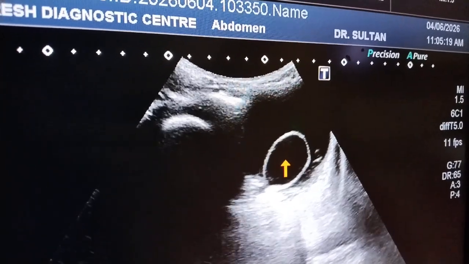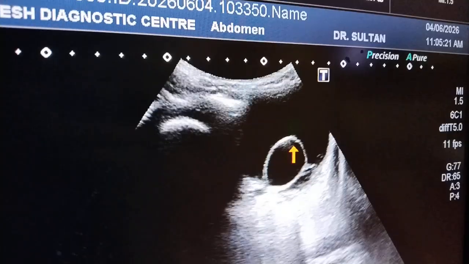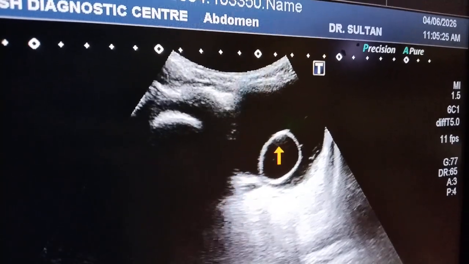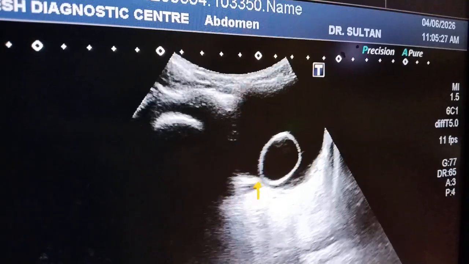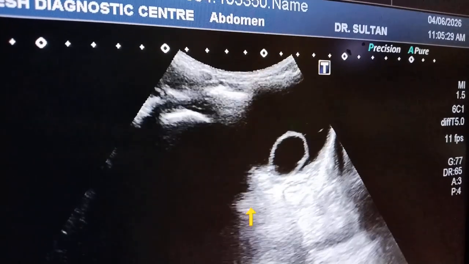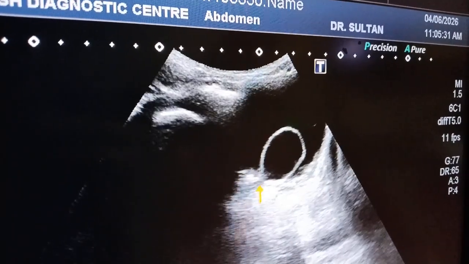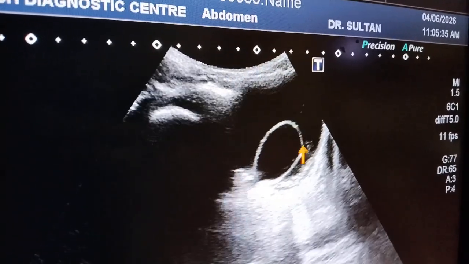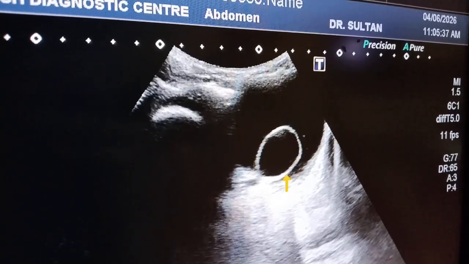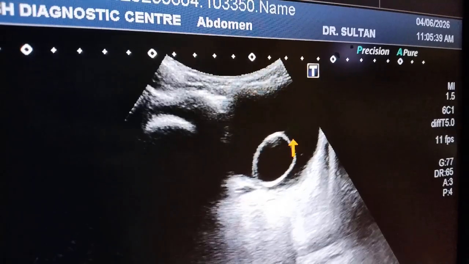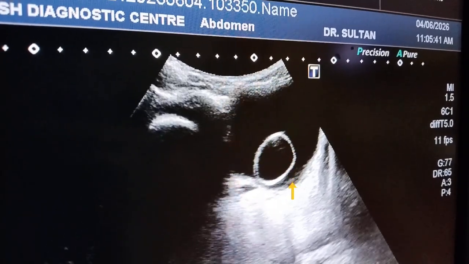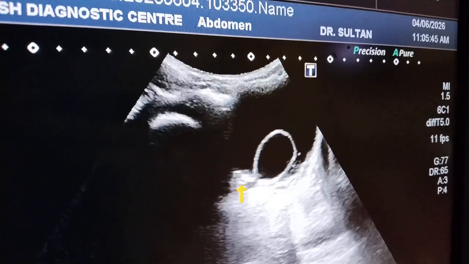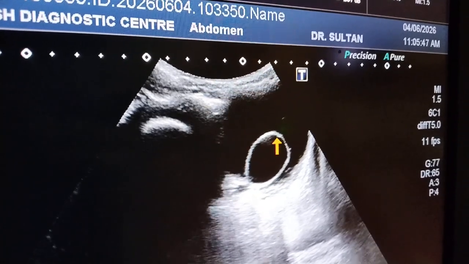Look, sometimes it collapses and sometimes it dilates. The collapse is not too much, it does not disappear. We can only appreciate that the size is somewhat increased and somewhat decreased from second to second. So this is called the ureterocele.